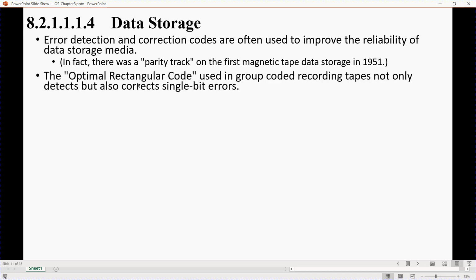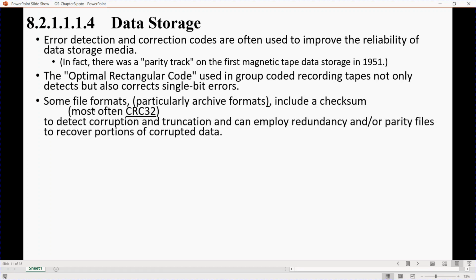The ORC, optimal rectangular code, not only detects errors, but corrects single-bit errors. It can figure out which bit had the error, and of course then it can change it.